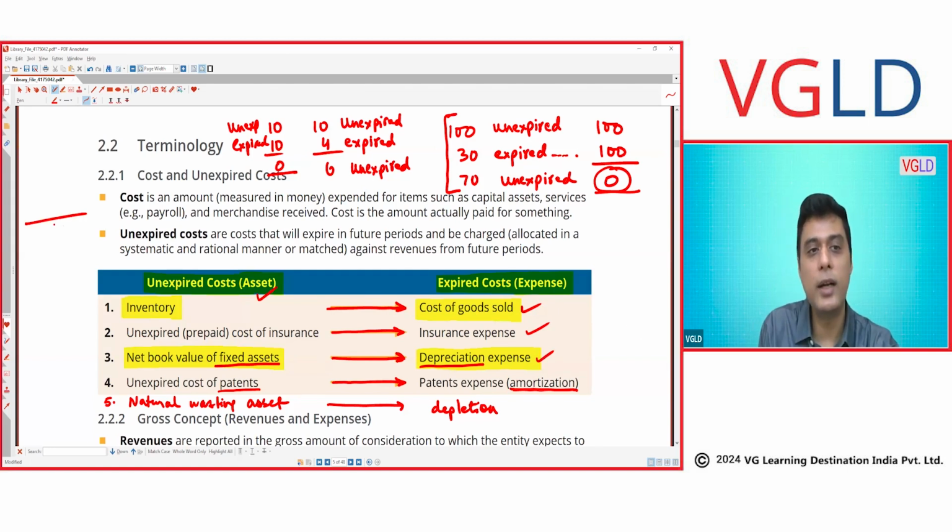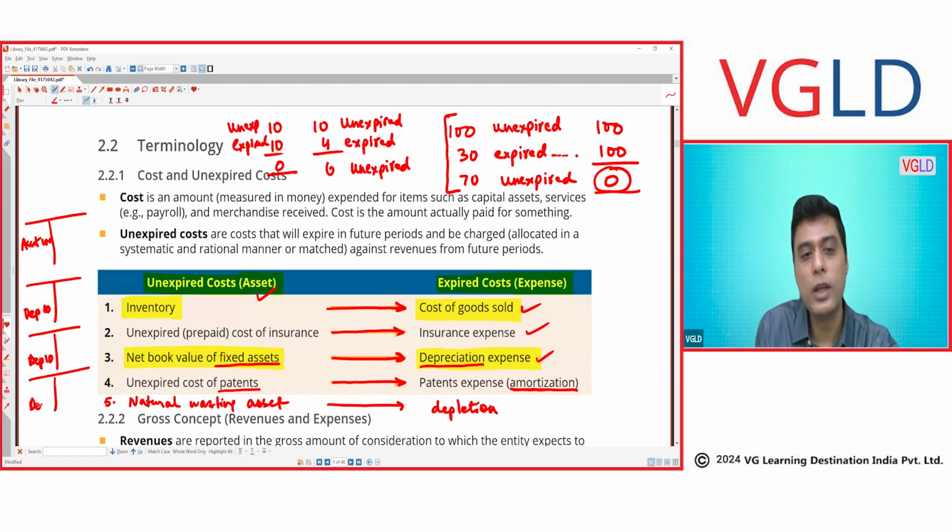So initially you had in the balance sheet asset side, you had an asset of $100. Over a period of time, this will become 0 and the entire thing would have gone into the income statement, but of different years. In year 1, maybe $10 will go into the income statement as depreciation. In year 2, again $10 will go into the income statement as depreciation, and so on and so forth.